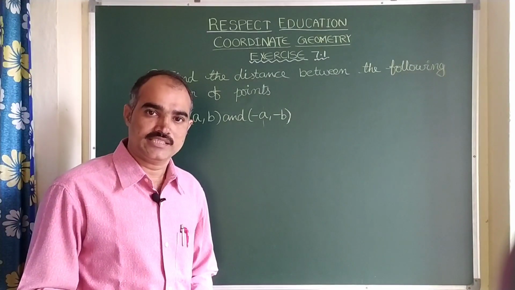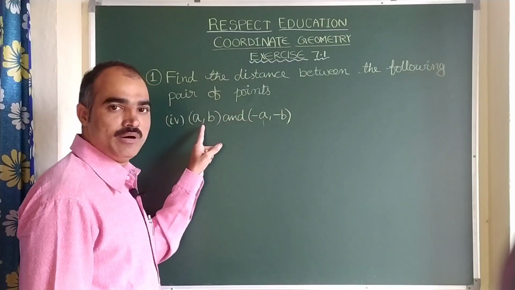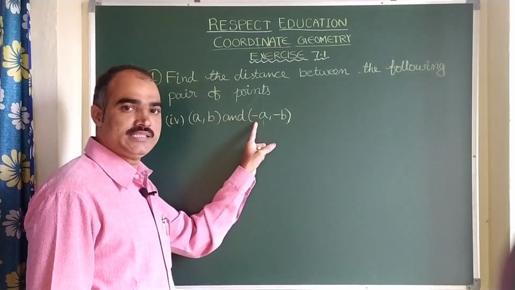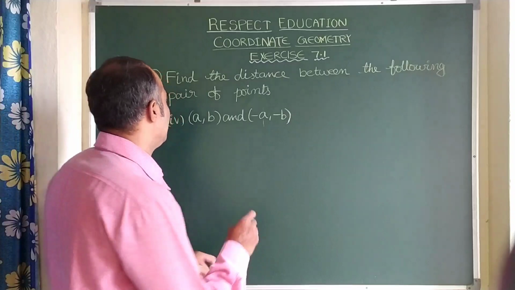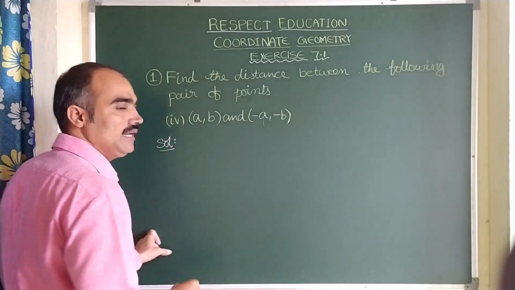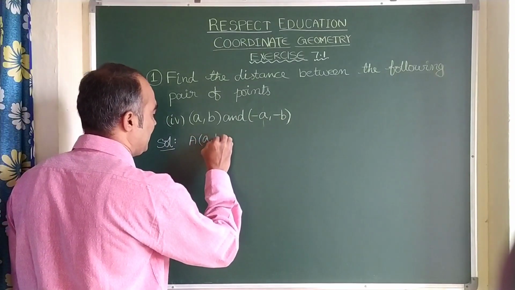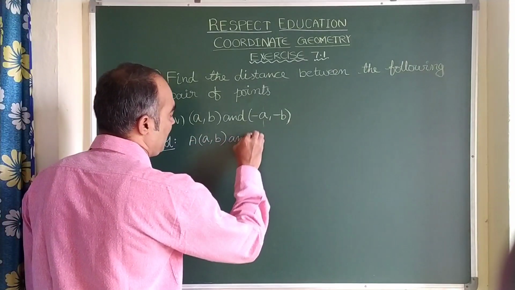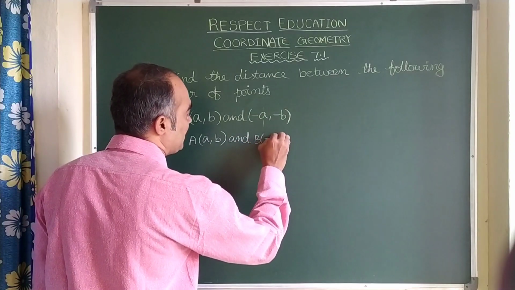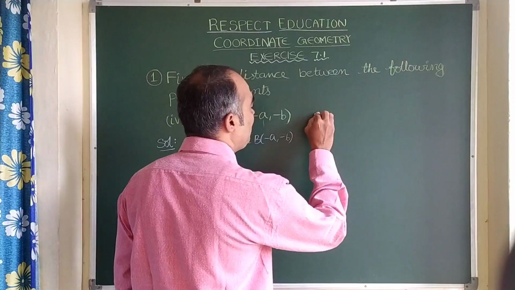Now let us see next bit, that is fourth bit. The given points are A comma B and minus A comma minus B. So here let us consider the given points as capital A and capital B. So here we can take capital A as A comma B and capital B as minus A comma minus B. So let us write here the suitable formula.